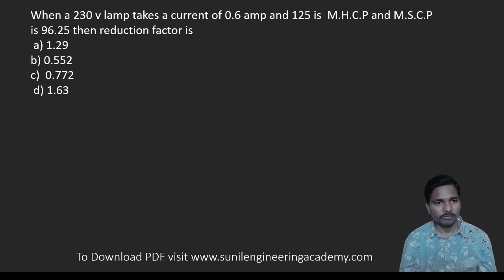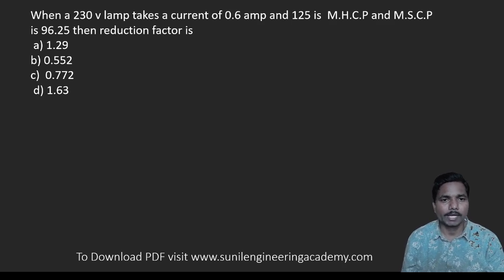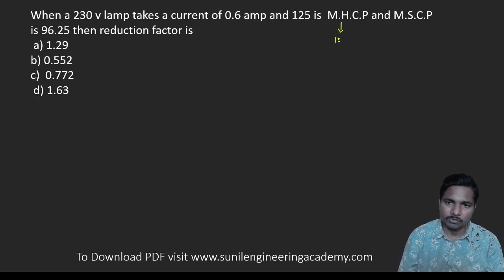When a 230 volts lamp takes a current of 0.6 amps, the MHCP is given as 125 and the MSCP is given as 96.25. It asks for the reduction factor. The reduction factor is generally less than 1, so the numerator is less and the denominator is more.